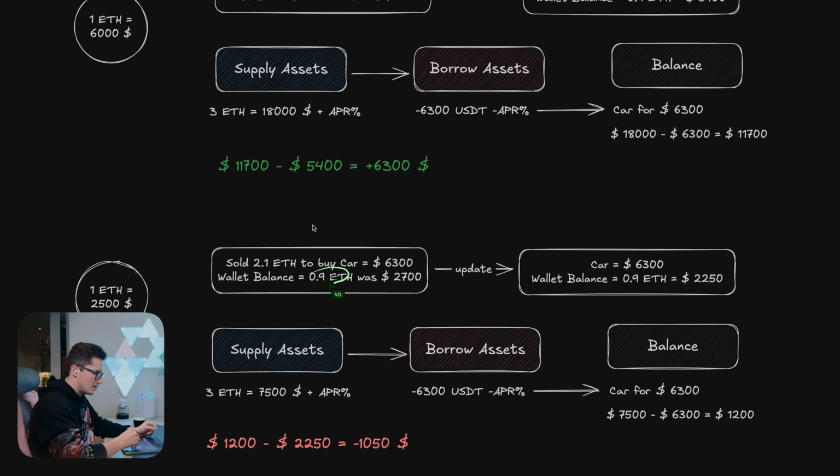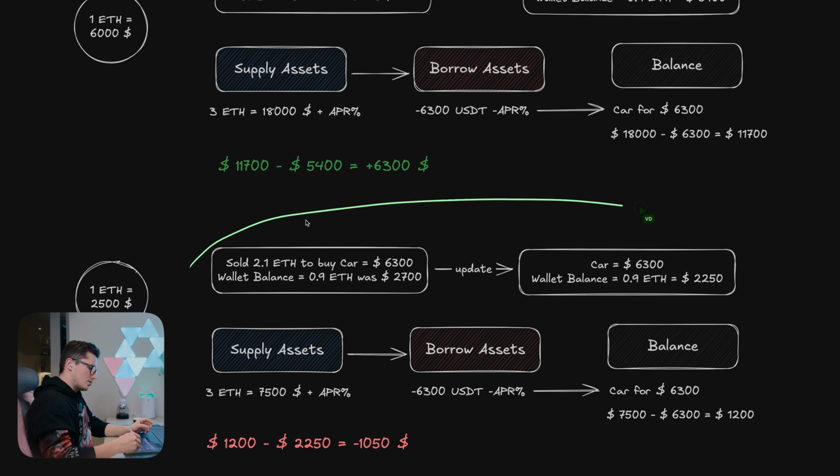Our balance is 0.9 ETH. But here comes the update because the price is changing. A car costs the same, but the wallet balance of 0.9 ETH right now costs us $2,250. So that's the difference because the price of ETH went down.